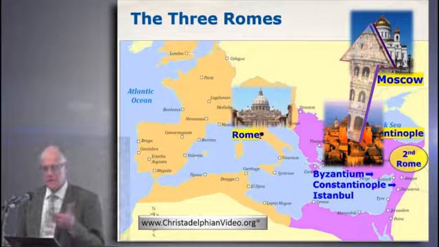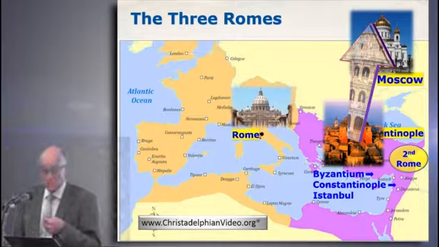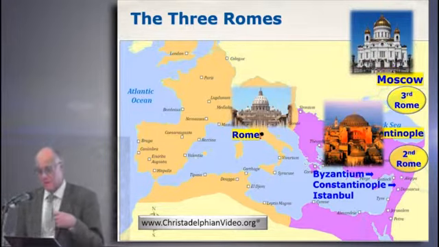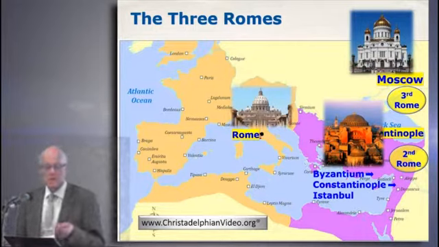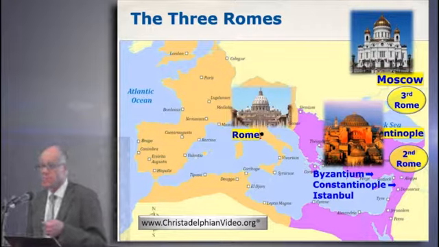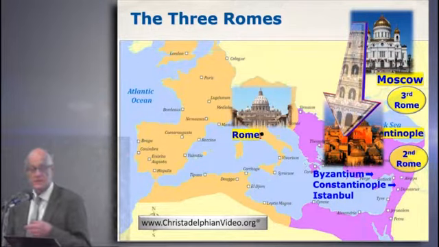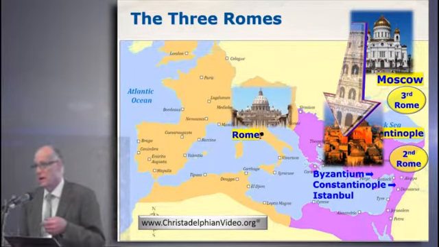And it was there that the dragon was moved, and that is where the dragon is at the moment. We are waiting the final stage for the dragon to return back to Constantinople. That may not happen until the armies of Russia come down as Gog forces into the land of Israel.